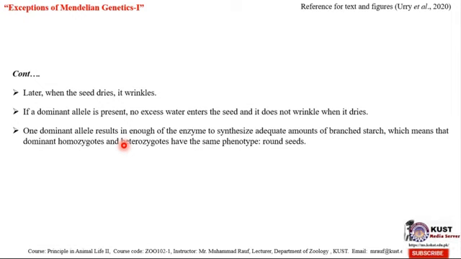One dominant allele results in enough of the enzyme to synthesize an adequate amount of branched starch, which means that dominant homozygotes and heterozygotes have the same phenotype, that is, round seeds. So the F1 hybrids, whether they are homozygous or heterozygous, will exhibit the round seed shape because only one allele is enough to control the trait.